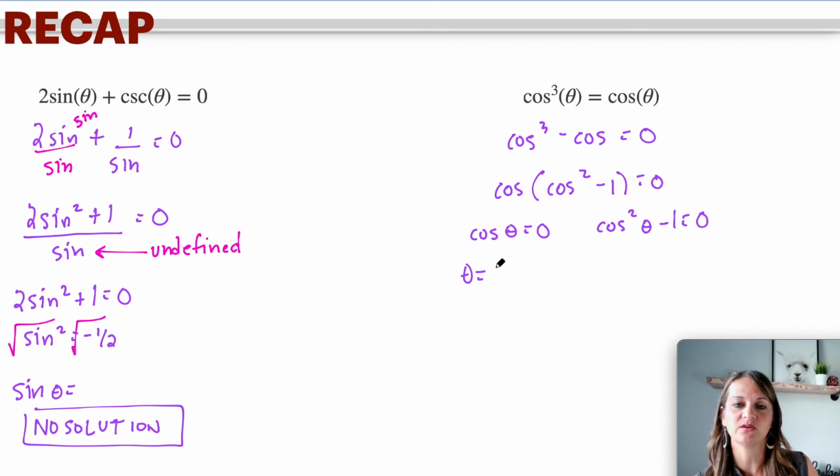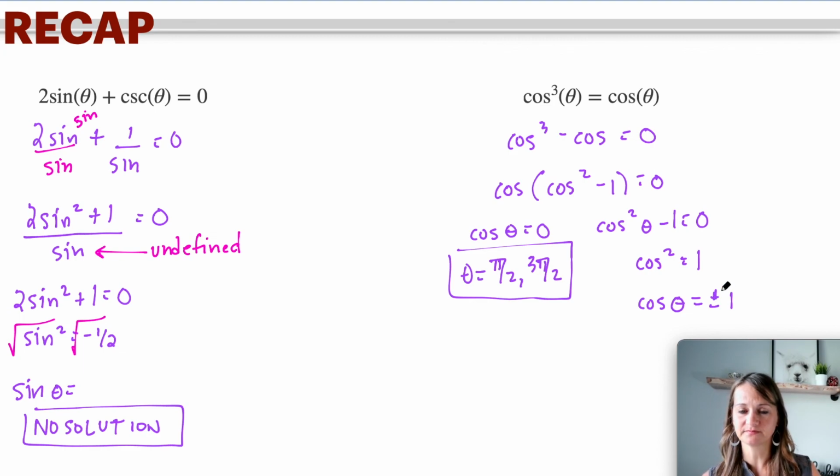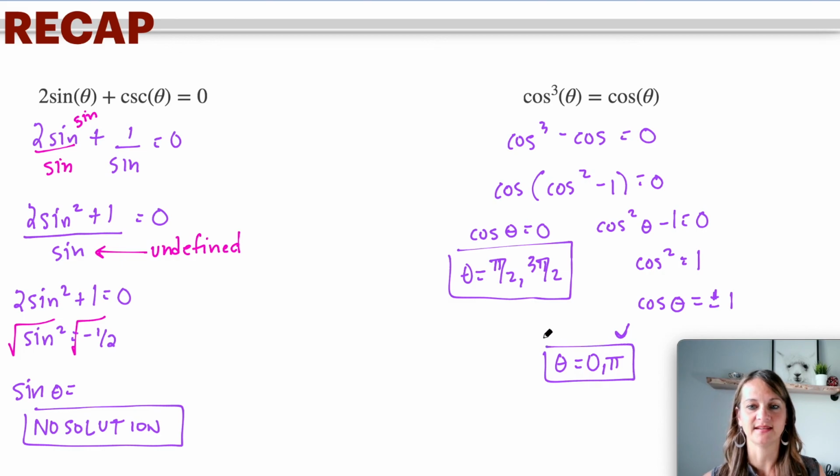So cosine equals 0 at pi over 2 and 3 pi over 2. And then here you would have cosine squared equals 1, and then you got to take the square root, and you'll get a still plus or minus 1. And so therefore theta will equal 0 and pi, for 1 and negative 1.